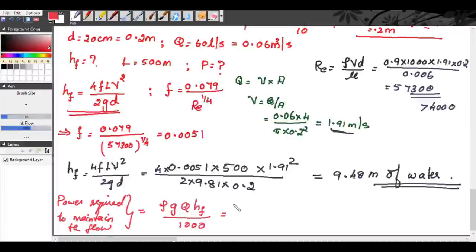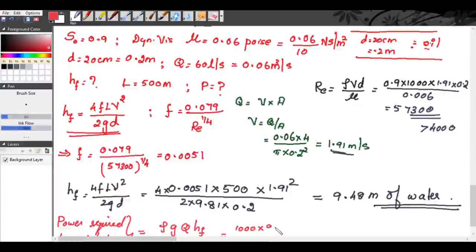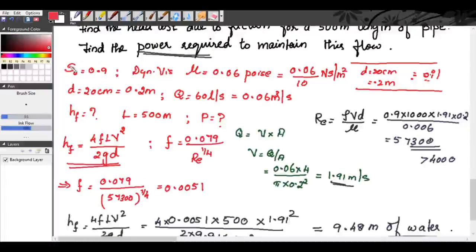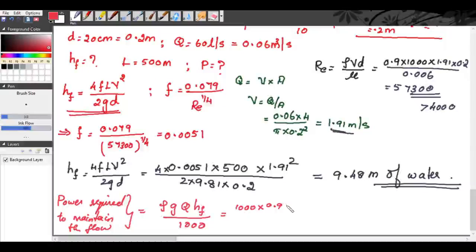So, we get density 1000 into 0.9, right? I have explained earlier, density for oil is 1000 into 0.9, because specific gravity is 0.9, into 9.81 into the discharge 0.06 into head loss 9.48 meters, divided by 1000.